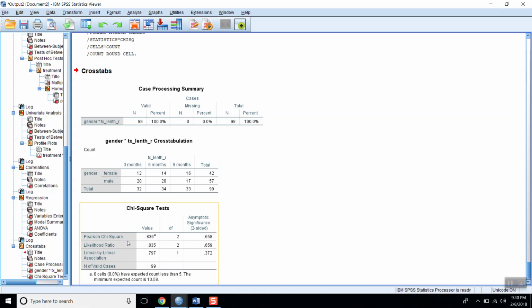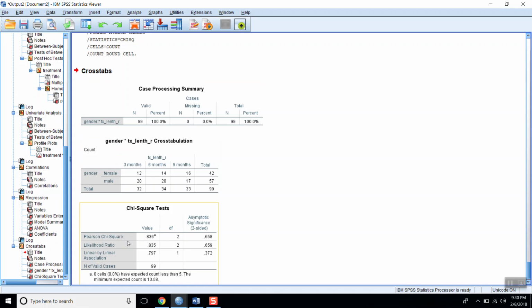Yeah, so 0.836. P equals, what is it? 0.658, 0.66. For now, no, just put not significant and then leave it at that.